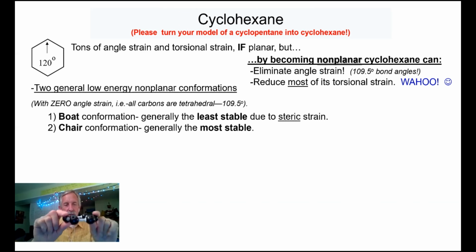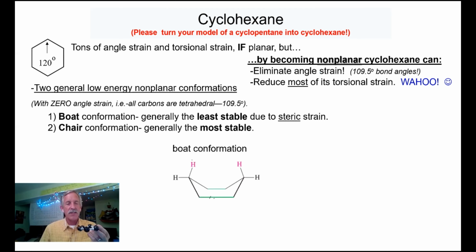Let's start with the boat conformation. I love the names of these two conformations because they represent the shape that these molecules want to attain. It's a little less stable due to some steric hindrance, which I'll show you in a second, but this is what a boat conformation looks like.